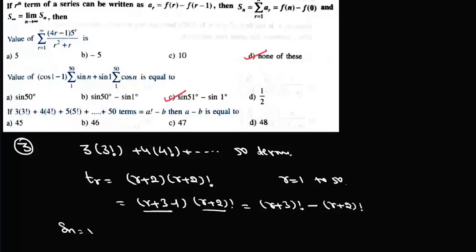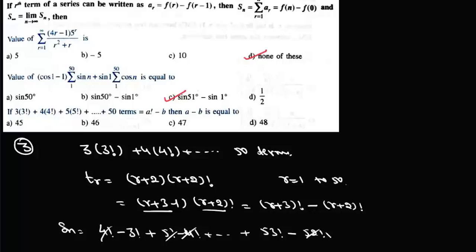Now we write Sn. When r is 1, this is factorial 4 minus factorial 3. Then it will be factorial 5 minus factorial 4. And in the end, we'll have factorial 53 minus factorial 52.